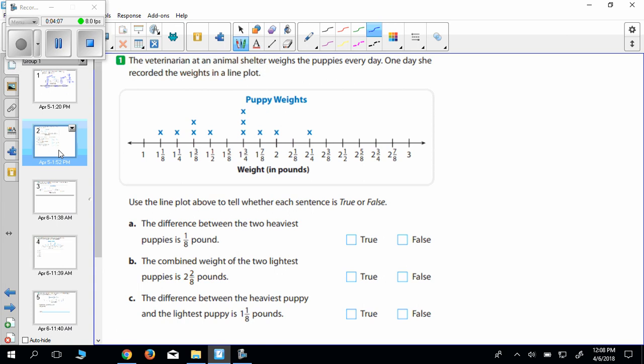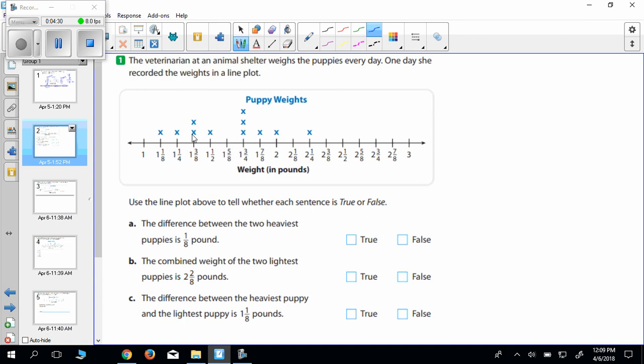Now we're going to look at another problem. It says the veterinarian in an animal shelter weighs the puppies every day. One day she recorded the weights in a line plot. So here are all of your puppies' weights from 1 to 3 pounds. Now, obviously, not every puppy was at all of these weights.